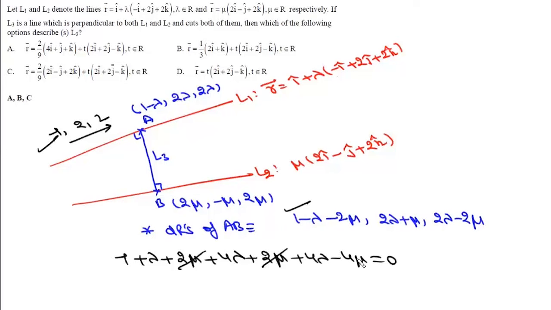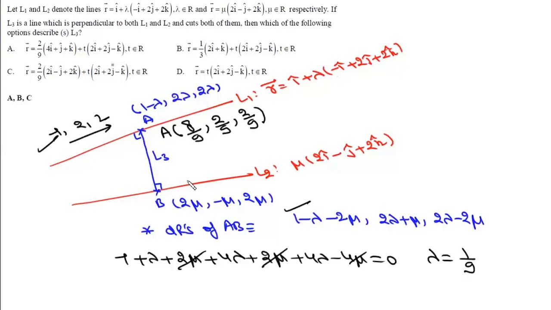Now here mu and mu will cancel. Now we'll get this as 9 lambda equals 1. So the value of lambda is simply 1 by 9. Now once we have lambda, we can write the coordinates of this point A as 1 minus 1 by 9, 8 by 9... wait, 2 by 9 and 2 by 9.